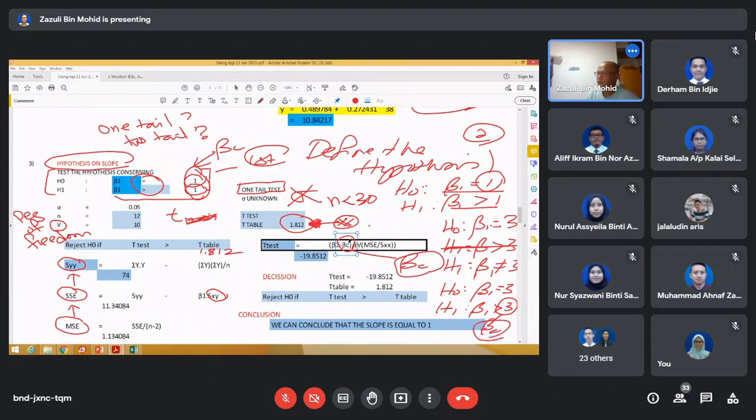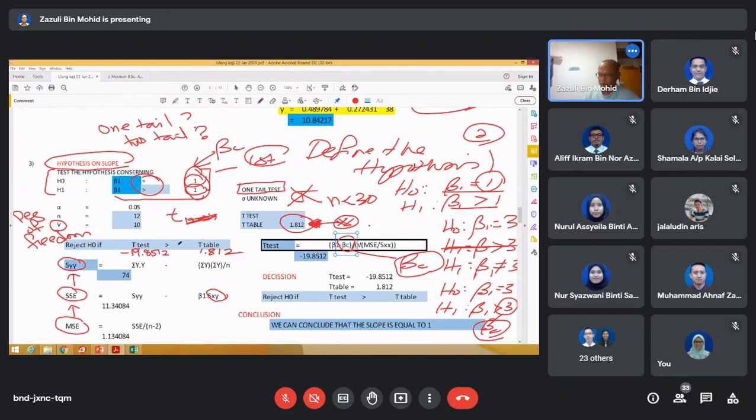So you use it as 3, and when you calculate it, the t-test we got is minus 19.8512.